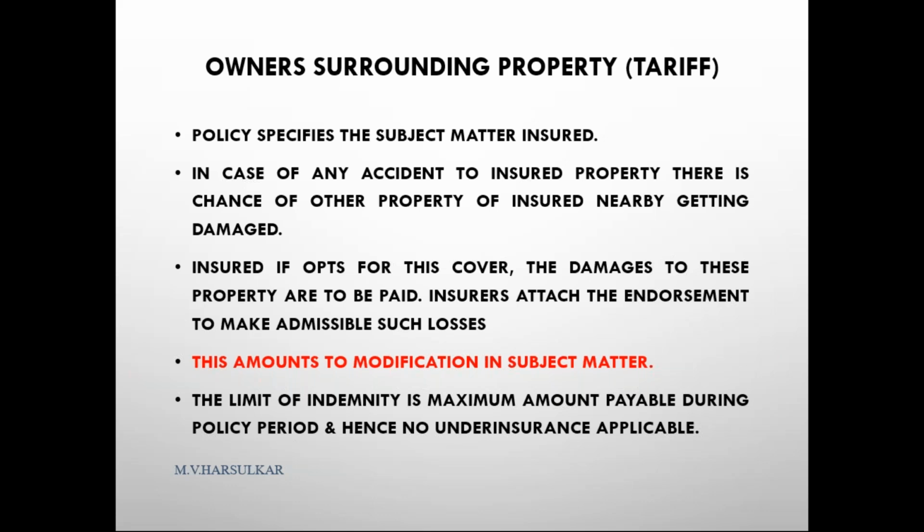So if the insured opts for this cover, the damages to this property are to be paid. Insurers attach the endorsement to make admissible such losses. So this is basically a modification in subject matter. You are extending the subject matter from insured property to surrounding property also of the insured or under its custody. The limit of indemnity is the maximum amount payable during the policy period, and hence no under insurance is applicable.